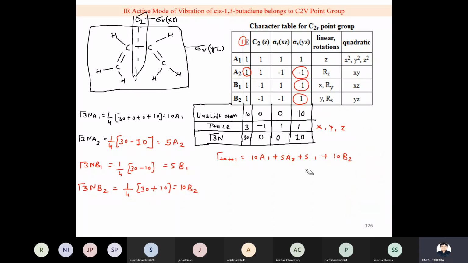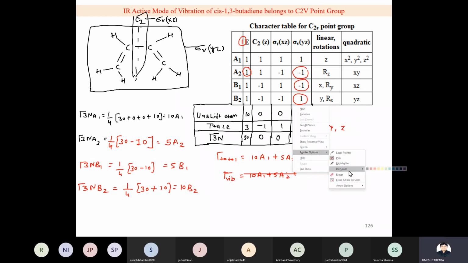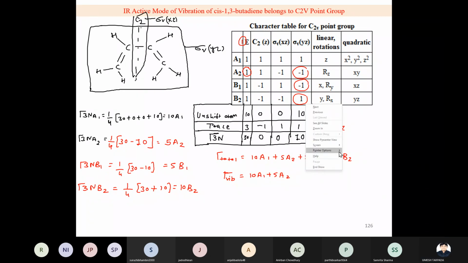Now, in order to get the vibrational modes only, you can subtract from the total modes of vibration the translational and rotational modes.